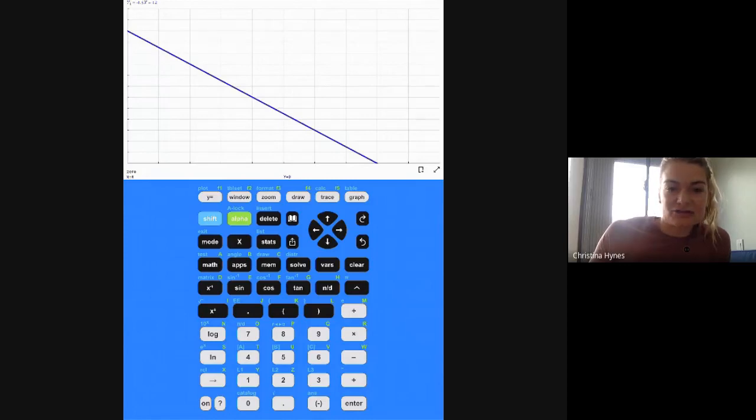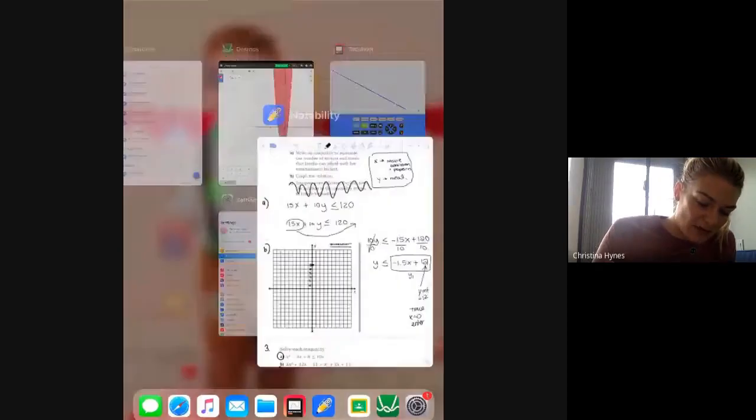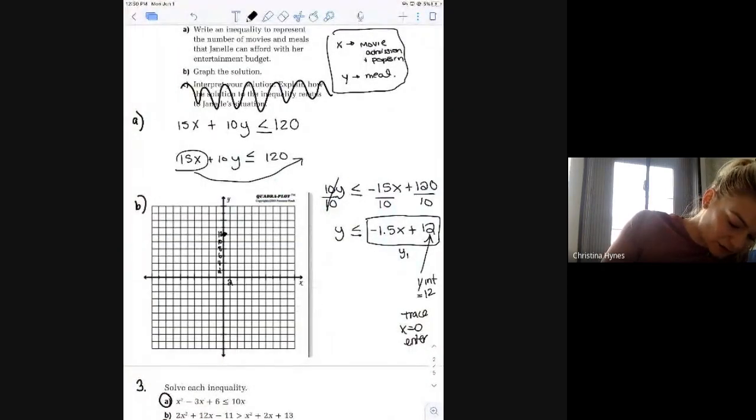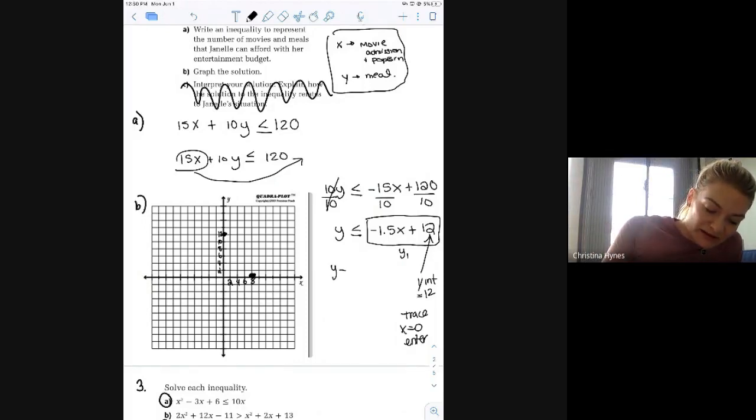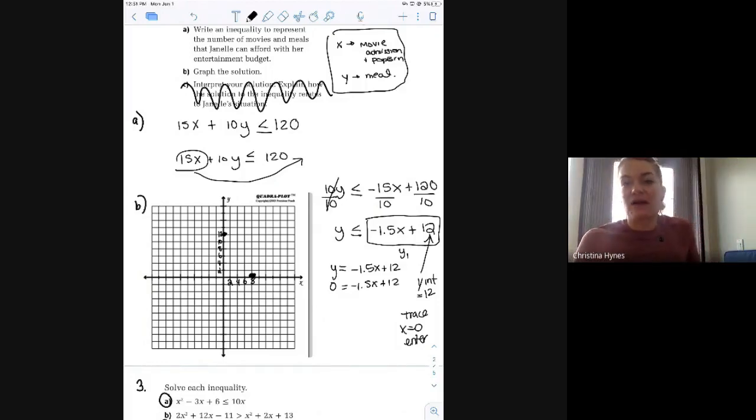So my x-intercept is 8, 0 in my instance. 2, 4, 6, 8. So I can plot a point at 8, 0. You can also do this algebraically. Whenever you're trying to find your x-intercept, you can replace y with 0 and just solve for x. So if I solve for x, it would give me also 8.